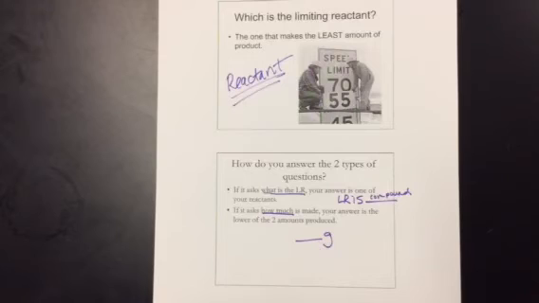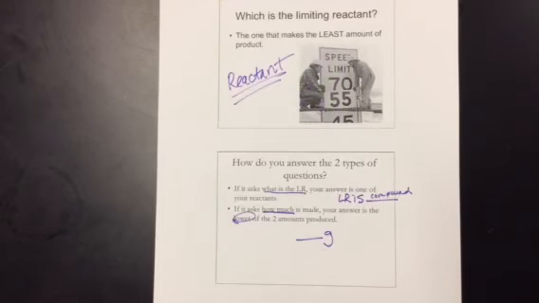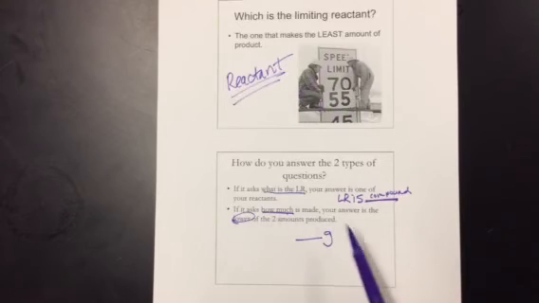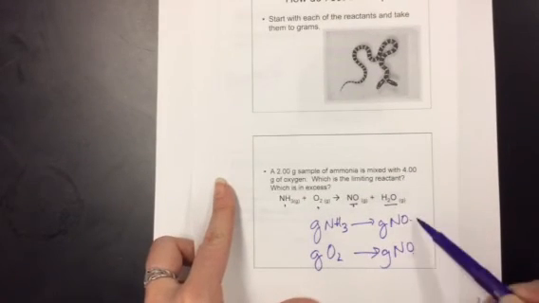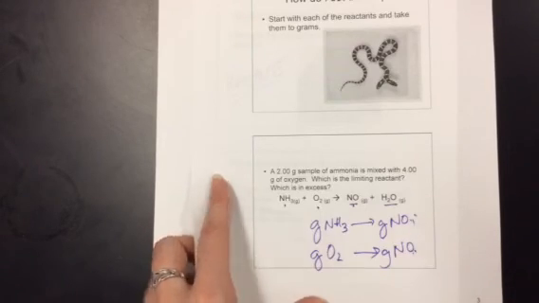The answer in grams that you choose from for your 2 different math problems is going to be the lower of the 2 amounts. So you have 2 options. You can either, if the question says what is the limiting reactant, write down a compound. Or if it says how much, you need to tell how much in grams. So you're going to pick the lower of the 2 masses from your math problem. So you'll have 2 masses to choose. Whichever one is less, that's the one you'll choose.